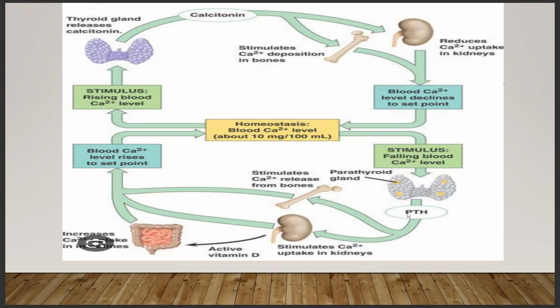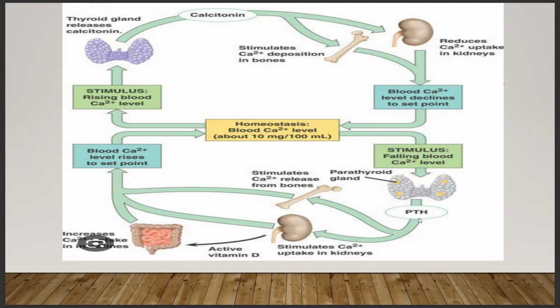This parathyroid hormone causes an increase in the blood calcium level by activation of different organs, so that the blood calcium level returns to the set point and homeostasis is achieved.